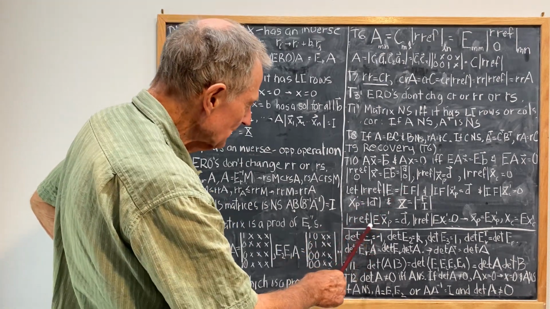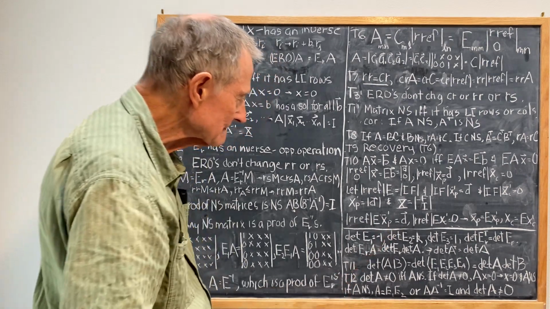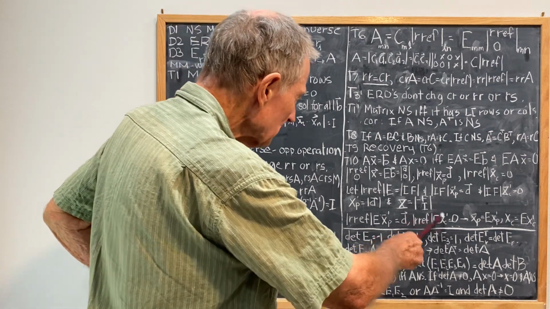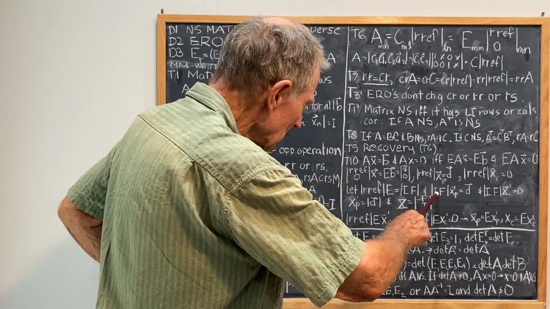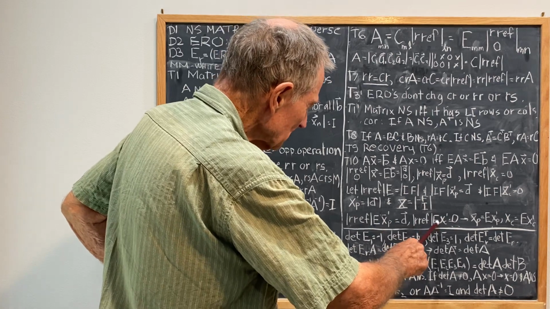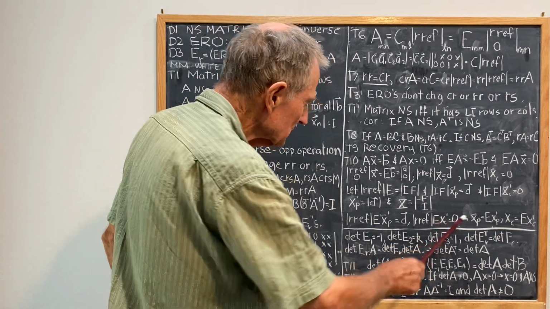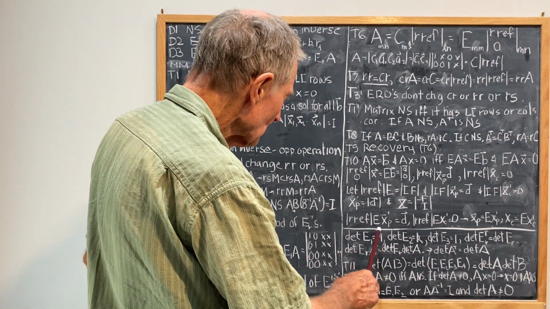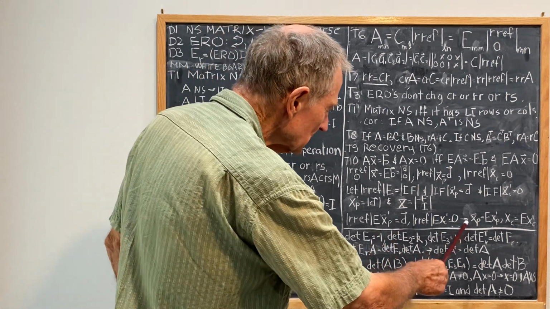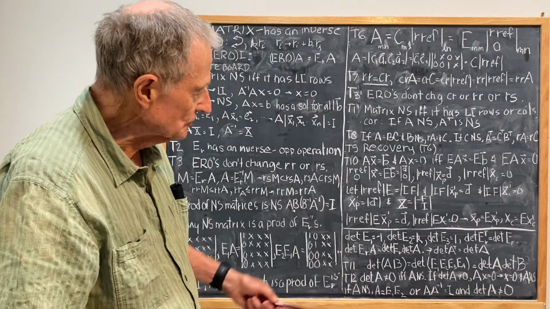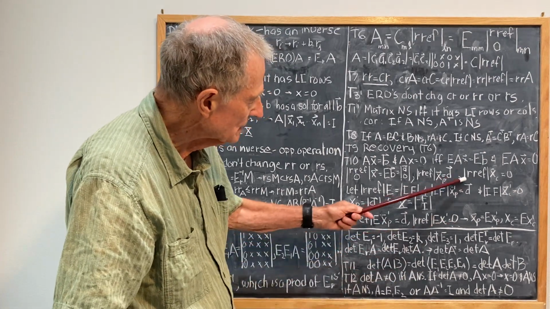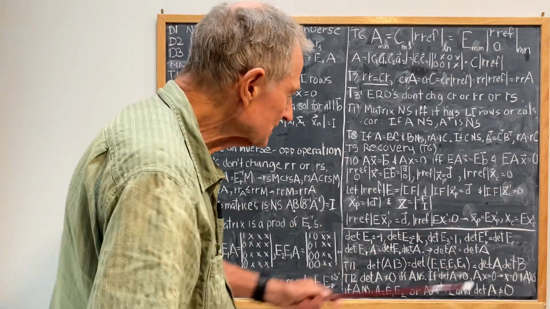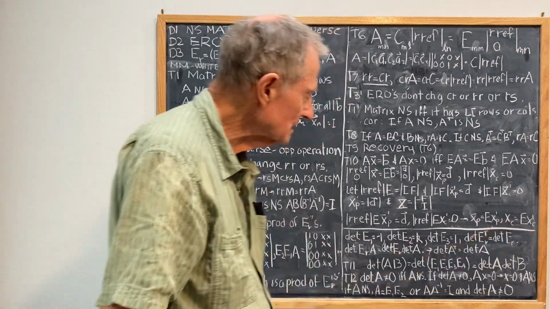So then I have RREF E times XP prime is equal to D, and I have the reduced row echelon form times E times XC prime equal to 0, from which the solution to RREF XP equals D is XP equal to E XP prime, and the solution to RREF XC equals 0 is XC equal to E times XC prime.